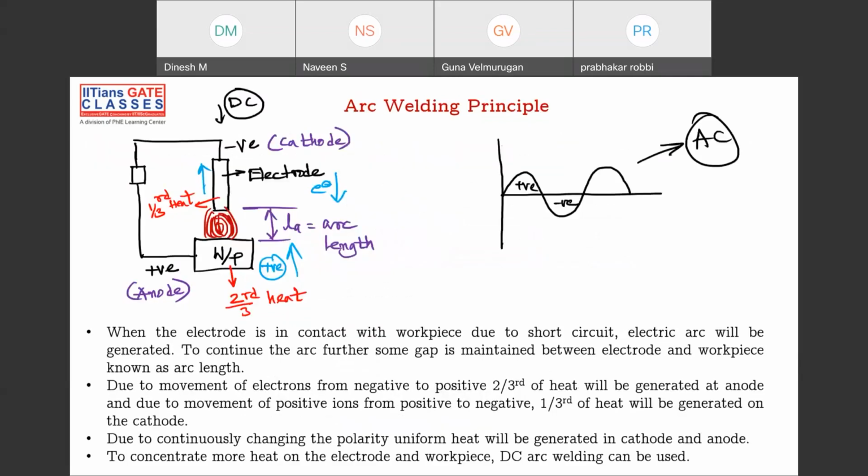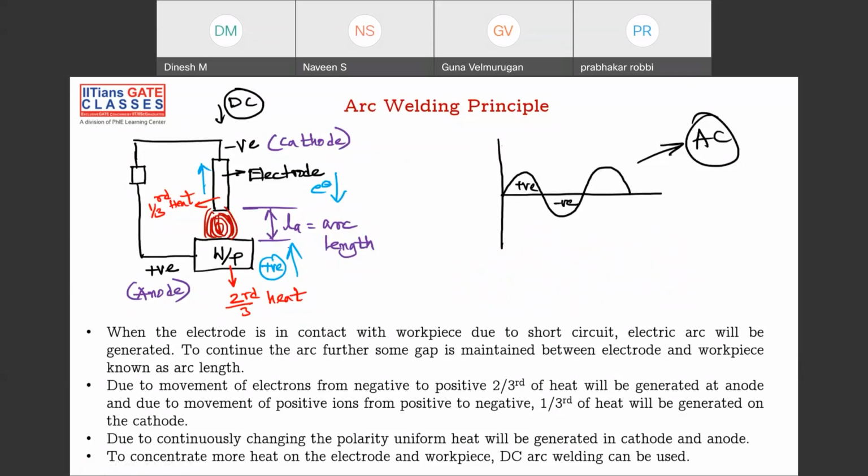Once you touch, the circuit is closed, and then you lift a little bit. The arc is sustained. This arc generates more than 5,000 degrees centigrade, and because of that heat, sometimes this electrode is melted, and the heat melts the workpiece also, right?